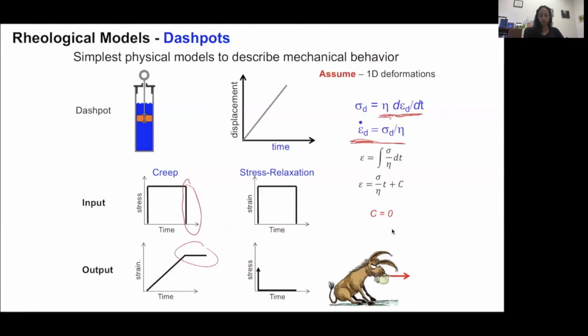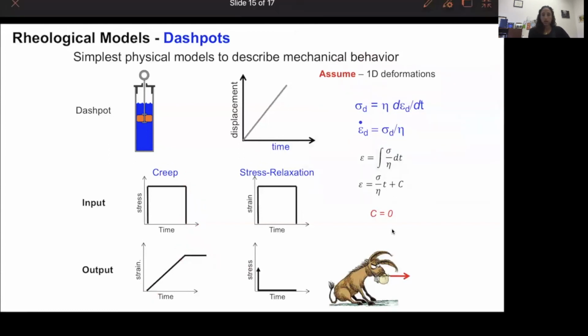So if we solve for these things, we can solve for our strain with respect to time. And we can use our initial conditions to solve for C, and C is equal to 0 because at time equals 0, we know that our strain is also going to be equal to 0.